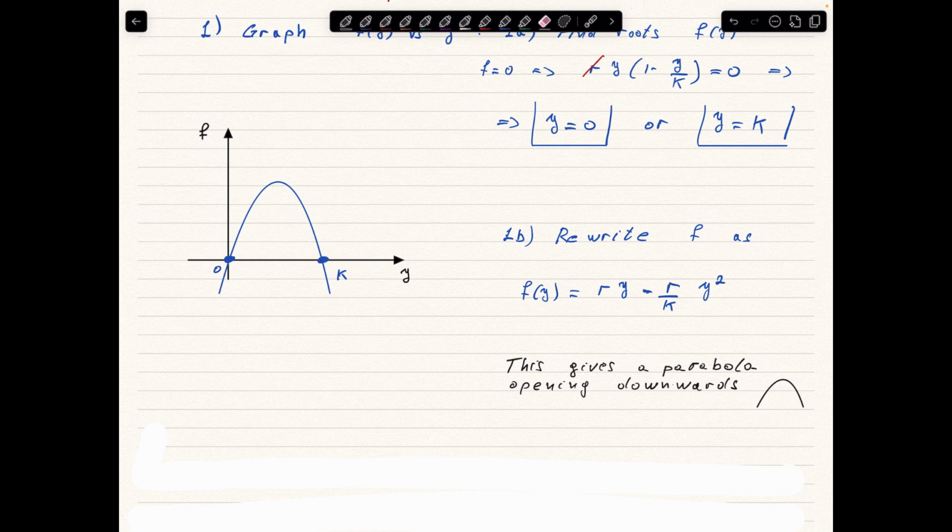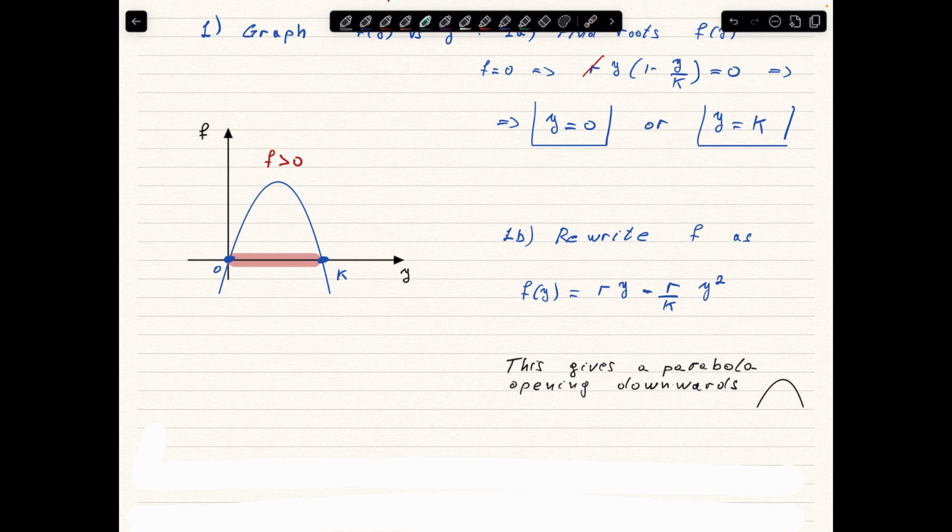And there are three main regions here determined by the values of f. Here we have the region where f is positive, which is here. For these values of y, the values of the function are positive.